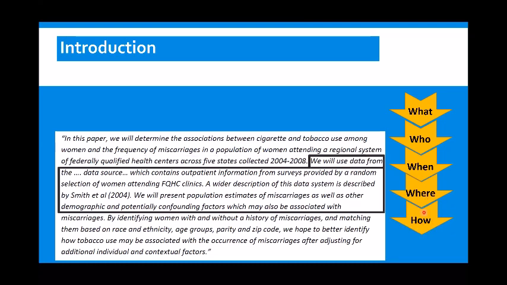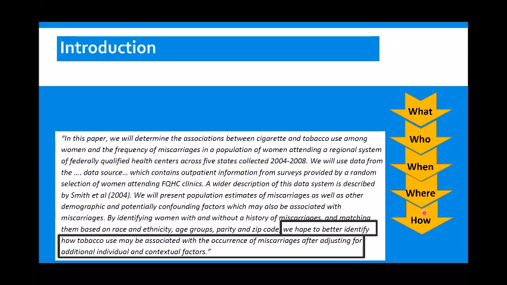They also state how, what they will do to collect the data. In addition, they state why they are doing this, because they are hoping to do their best to identify how tobacco and smoking affect miscarriages.